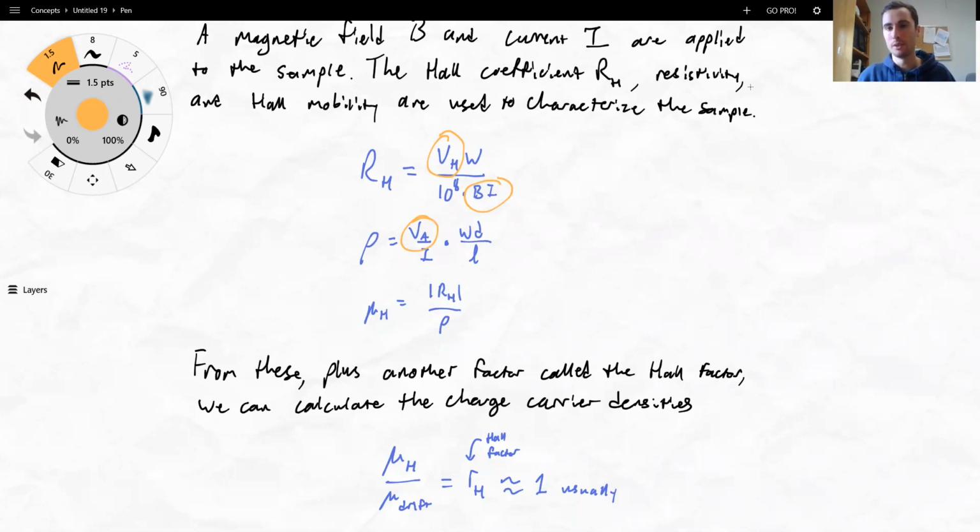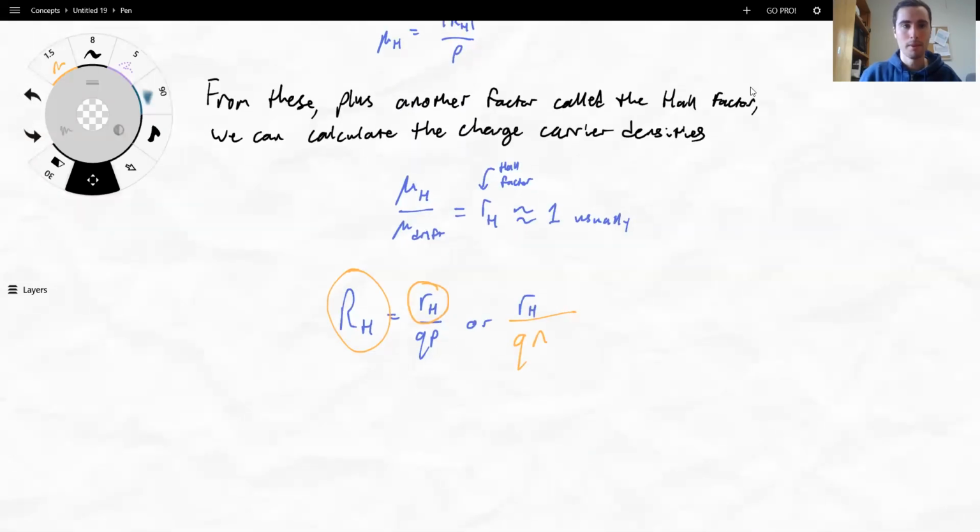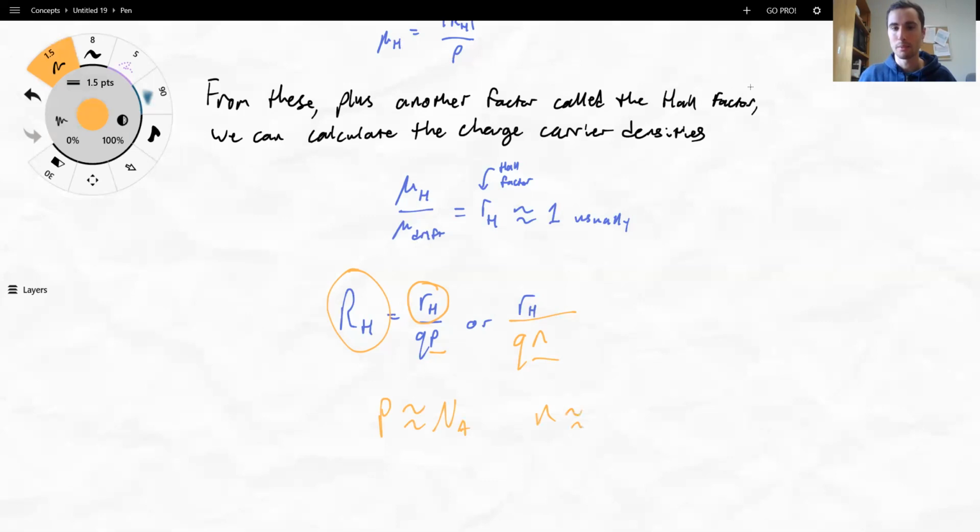And then of course, you'll know the dimensions of your crystal. So from that, you'll be able to calculate all of these. And from that, you'll be able to get out both P and N, which are your carrier concentrations. And then recall, if you're working with a doped carrier, P is going to be approximately equal to N sub A, and N is going to be approximately equal to N sub D.